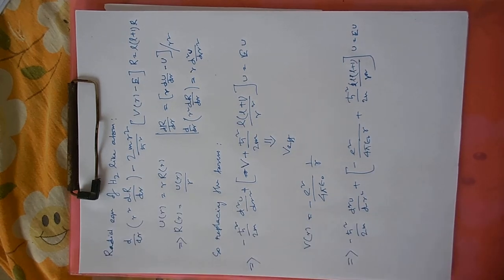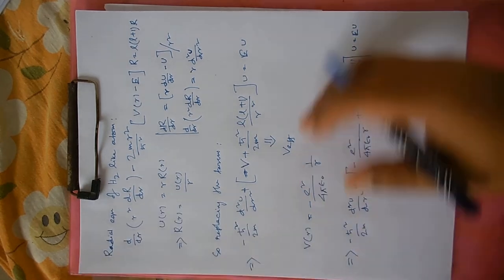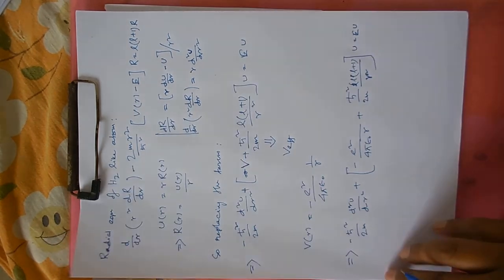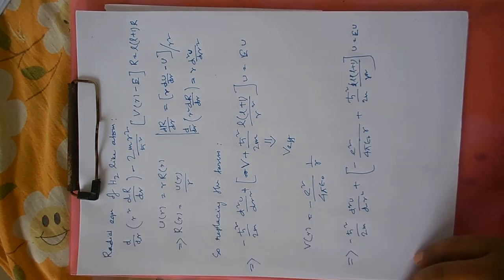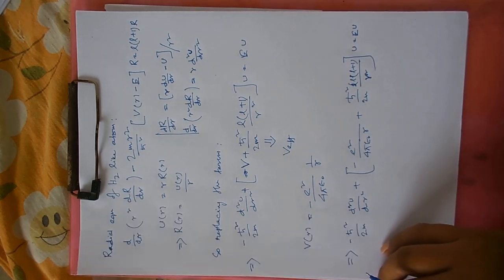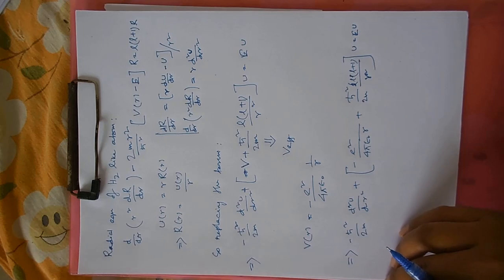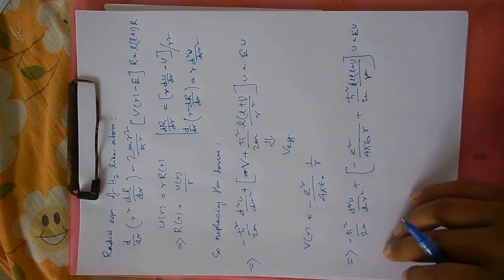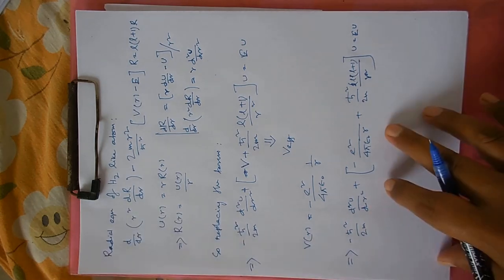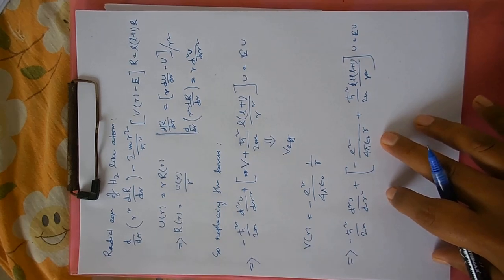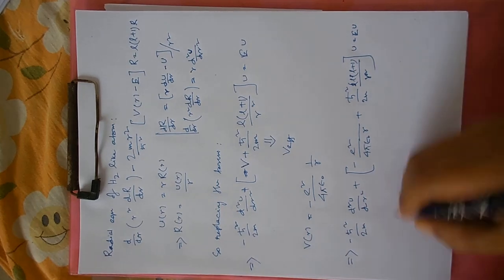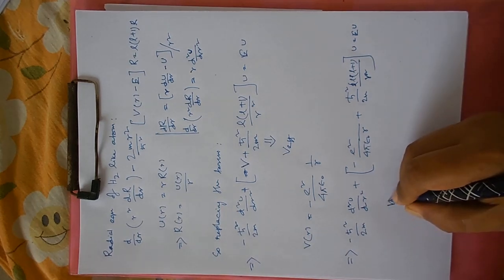Now the solution. We know in previous problems already that somehow we have to simplify the equation and then we can solve it easily. So first let us define a new constant. Suppose it is small k.